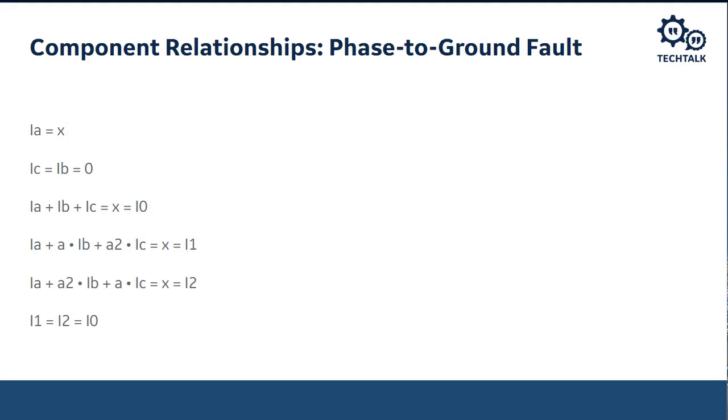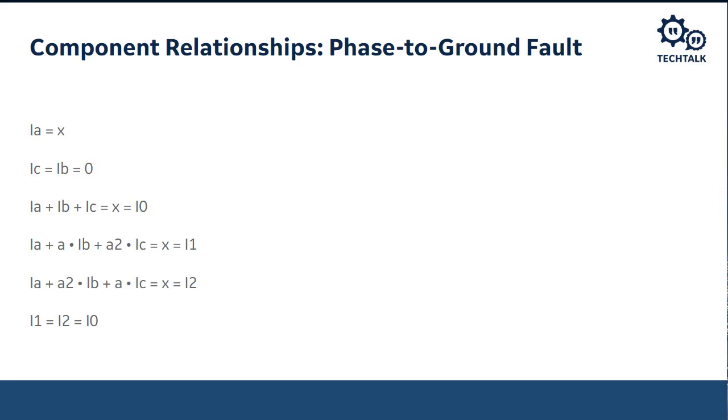If I want to calculate I0, I'm going to sum 1/3 of IA, IB, and IC. In these equations that I show here for positive, negative, and zero sequence current, I've left off the 1/3 intentionally to simplify things, and we won't need it because we're not really interested in calculating the actual quantity.